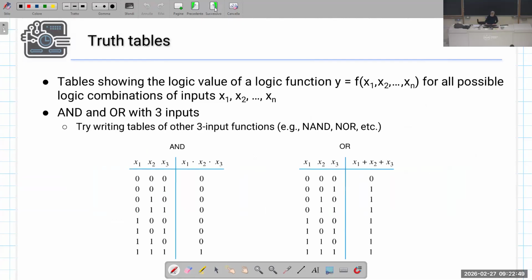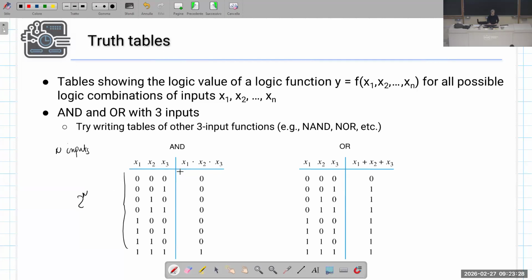Okay, let's go. Clearly, the approach can be extended to any number of inputs, and given n inputs, we have 2 power n rows in our truth table.